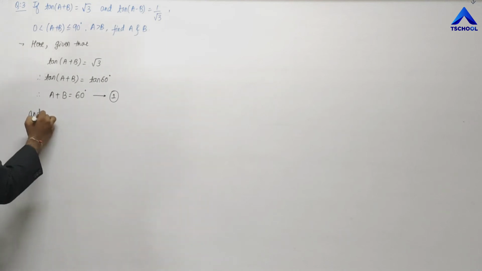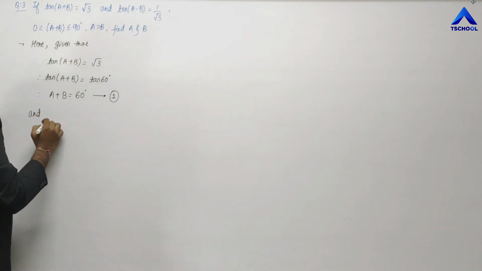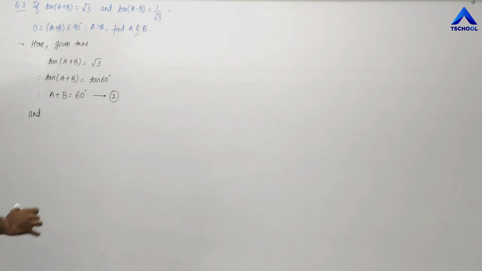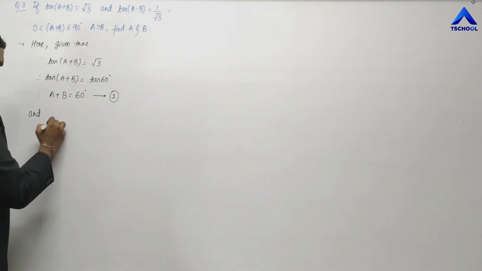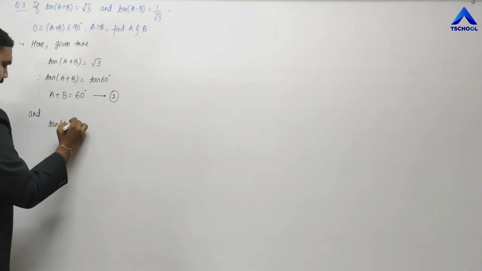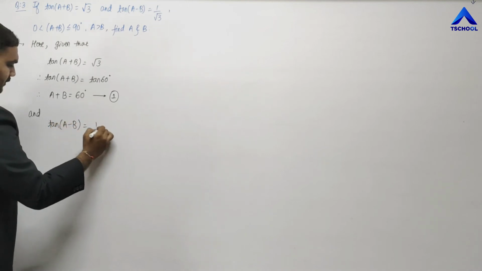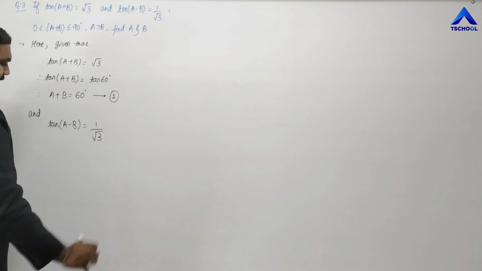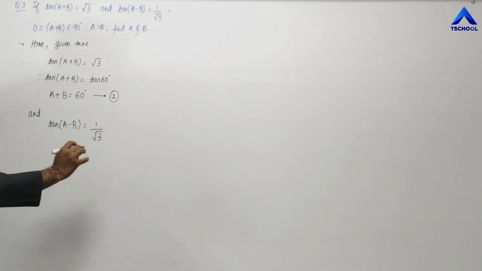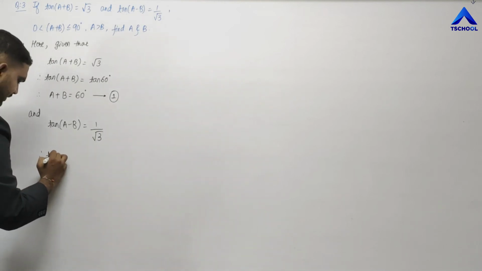And also given that tan(A minus B) is equal to 1 by root 3. Therefore, tan(A minus B) is equal to tan 30 degrees. Therefore, tan and tan cancel.